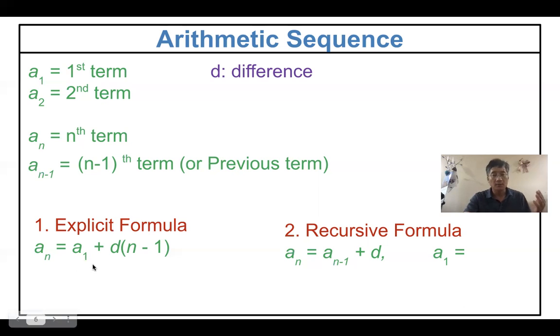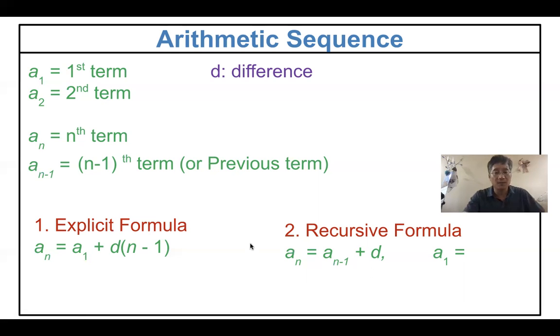You just plug in what n is equal to. For A10, you just plug in n equal 10, then you get the value of A10, the 10th term. For the 100th term, you replace n with 100, you get the 100th term. But with the recursive formula, for the 100th term, you should know the 99th term, and then plus d. That's the recursive formula.